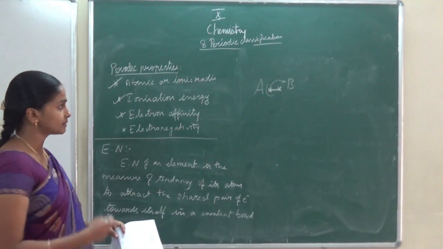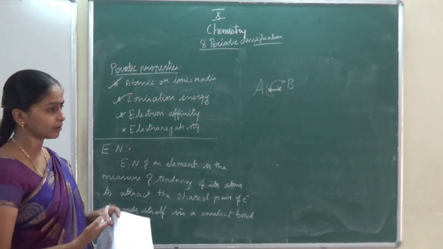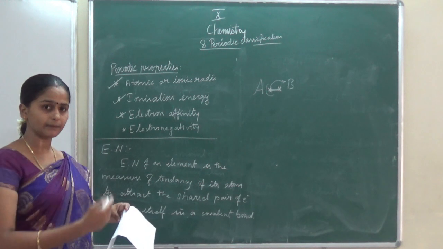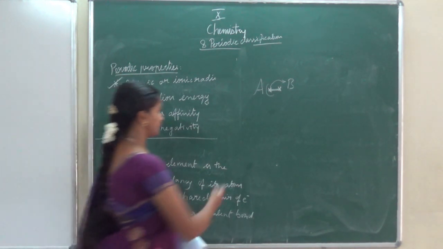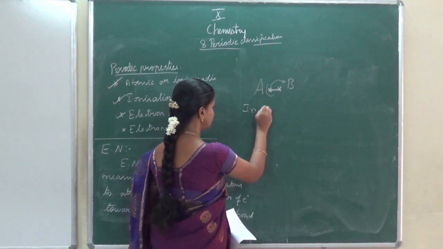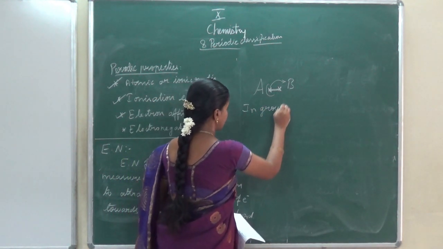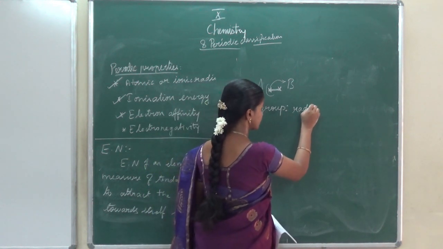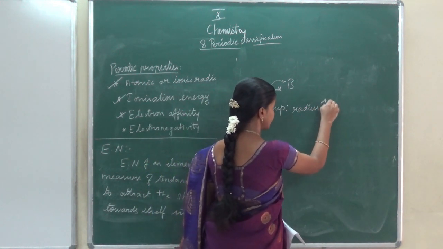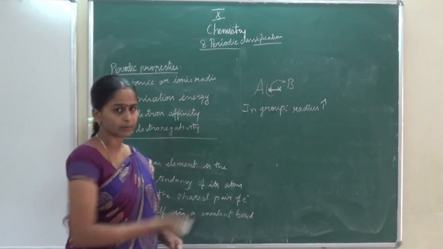Now this electronegativity, again we are going to deal with the same radius, how it will vary in group and period. First in group, what about the radius? Radius will increase when you move from top to bottom.